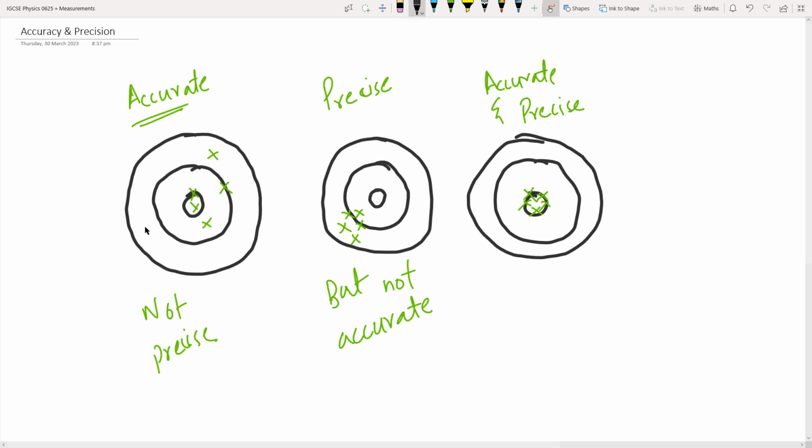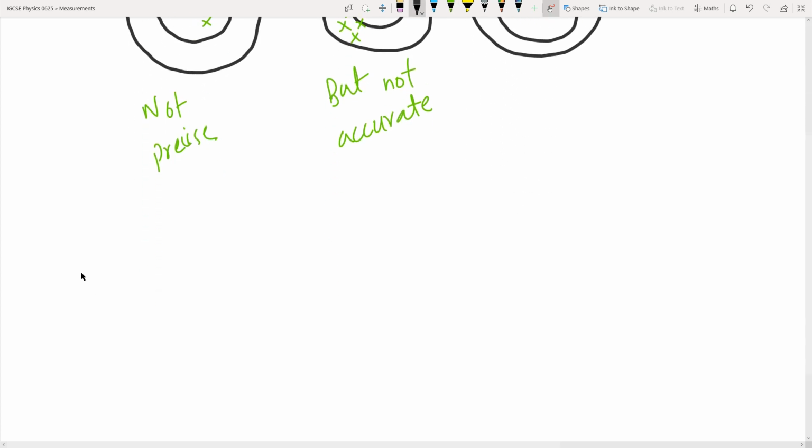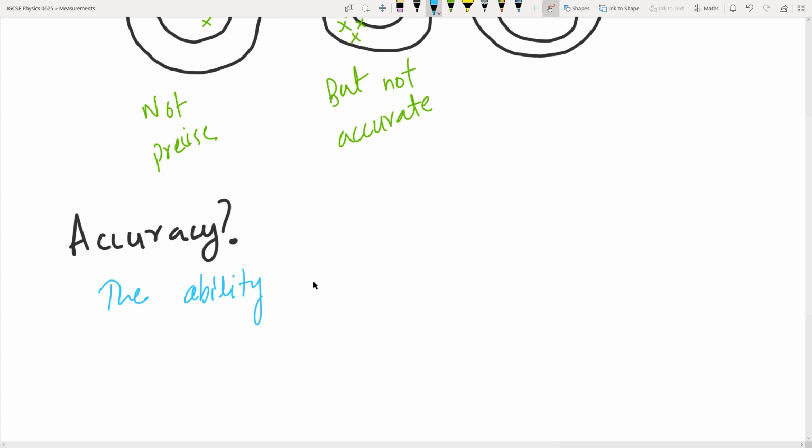I'm going to define this now. So what is accuracy? Accuracy is actually the ability to hit the target.